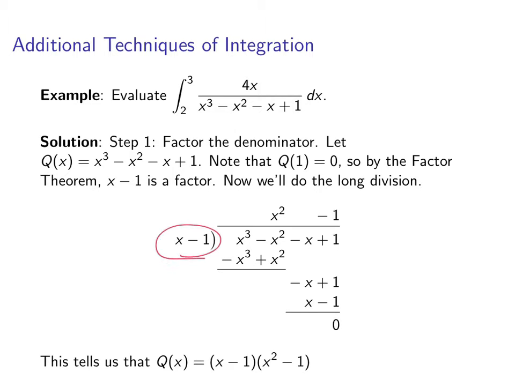So here's the x minus 1, and then here is the quotient. Notice, of course, that x squared minus 1 itself factors as x minus 1 times x plus 1. So now we have our final factorization of the denominator: x minus 1 squared times x plus 1.